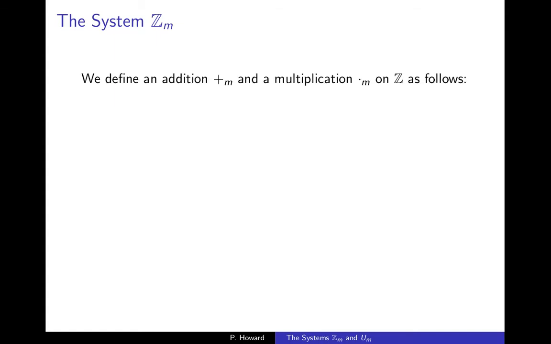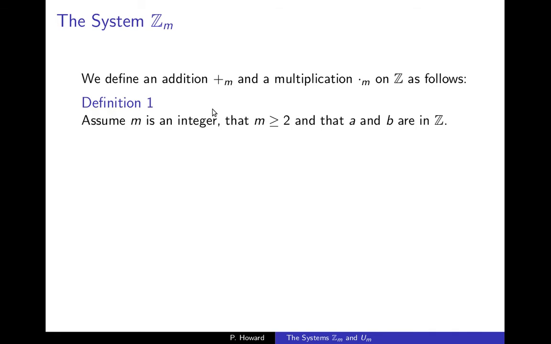Now we're going to define two operations on this set Z sub m. A little typo here, this Z should have a subscript m. As usual, we're assuming m is an integer greater than or equal to 2.